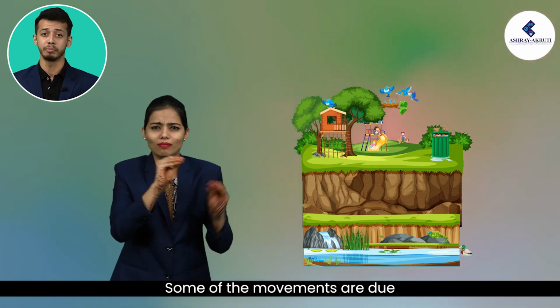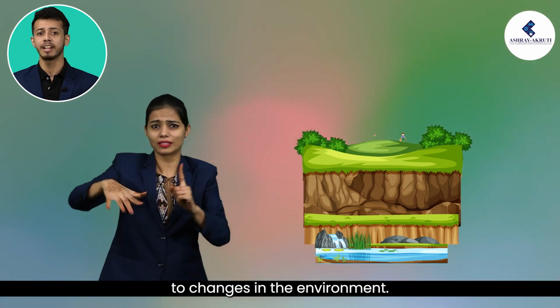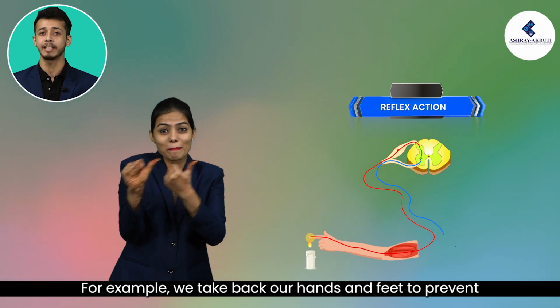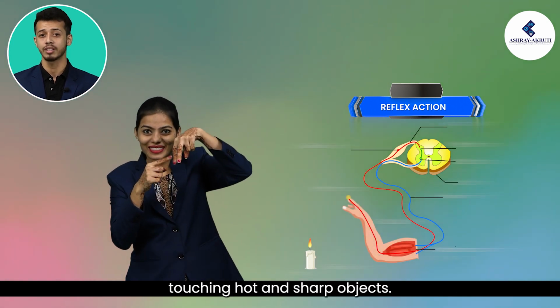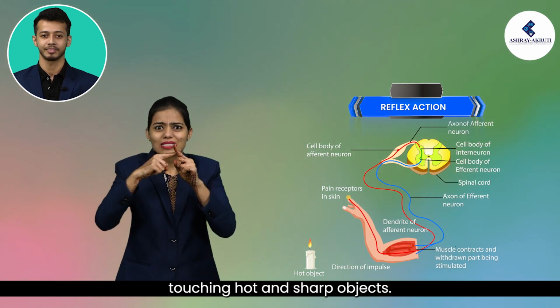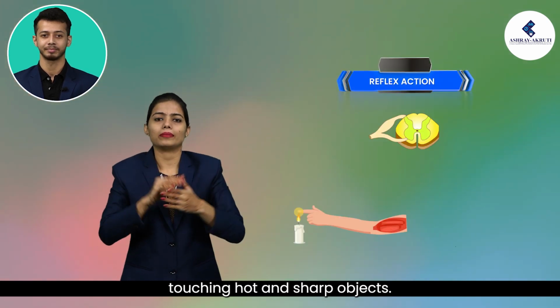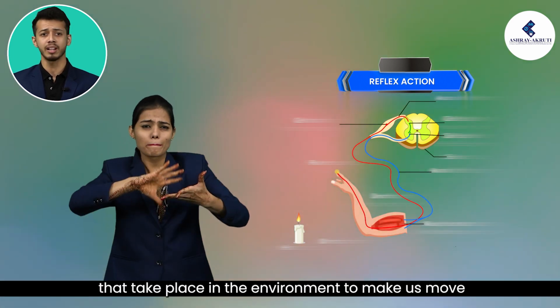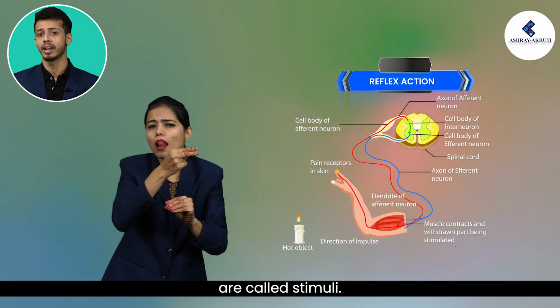Some of the movements are due to changes in the environment. For example, we take back our hands and feet to prevent touching hot and sharp objects. So, the changes that take place in the environment to make us move are called stimuli.